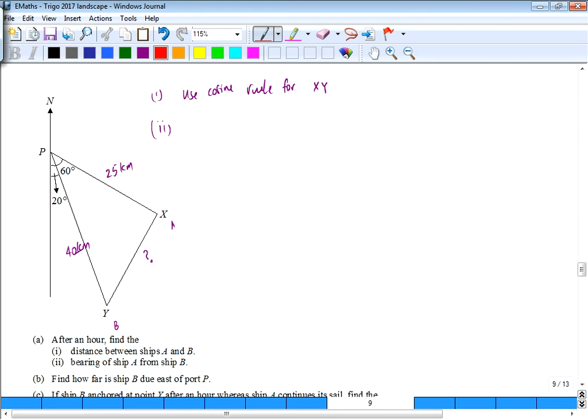Want the bearing of A from B. So we need to draw a line north. We need to find this angle. This was, we found out in the previous part, 26.3 kilometers from part 1.